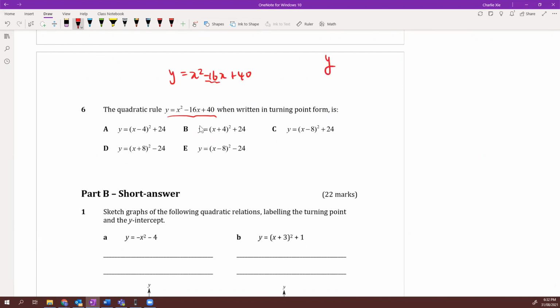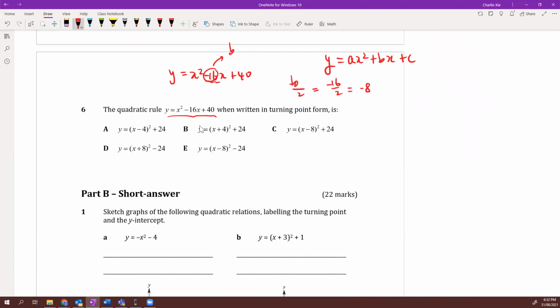For any quadratic, it's ax squared plus bx plus c, and the coefficient of x is your b. To complete the square, you're adding a number. This number is half b, and your b here is -16. So half b is -16 over 2, which is -8.